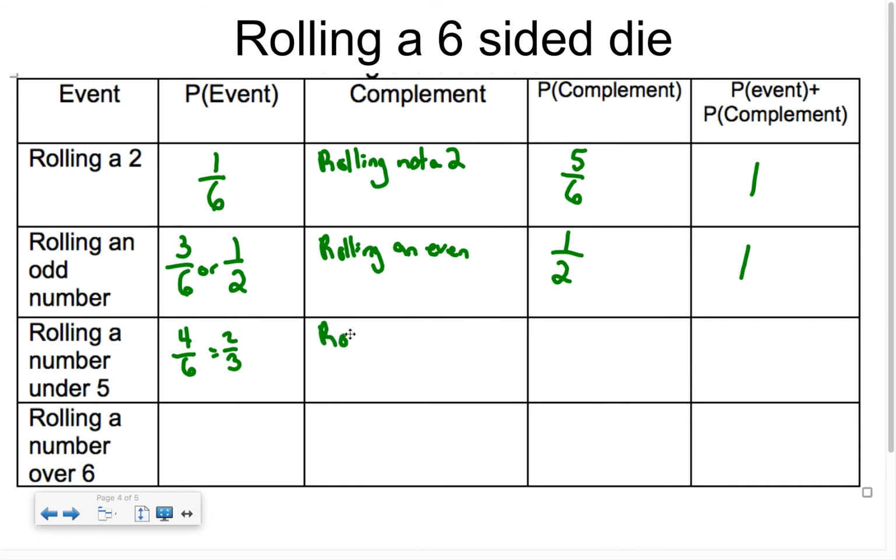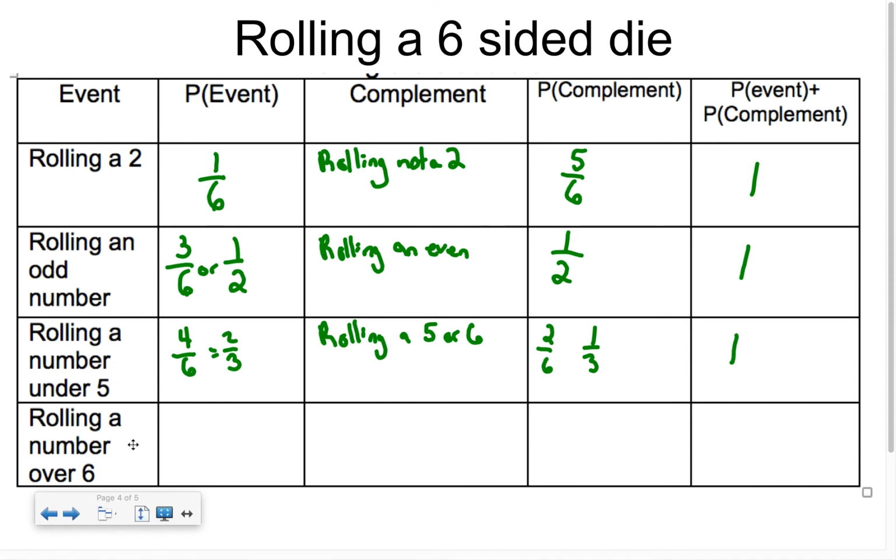Rolling a 5 or a 6 is the complement. This is kind of the opposite of the first example that we looked at. Rolling a 5 or 6, which is 2/6, which is 1/3. If we add them, 2/3 plus 1/3 is going to be 1. It's always going to be 1.